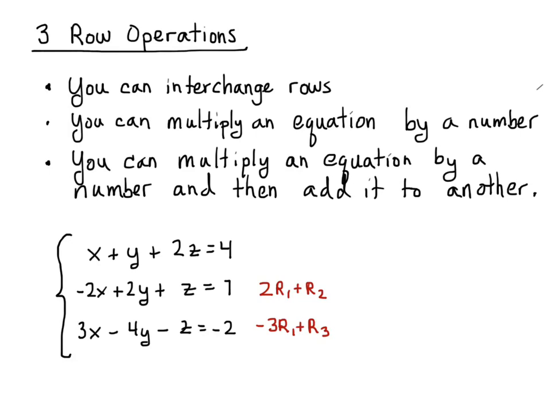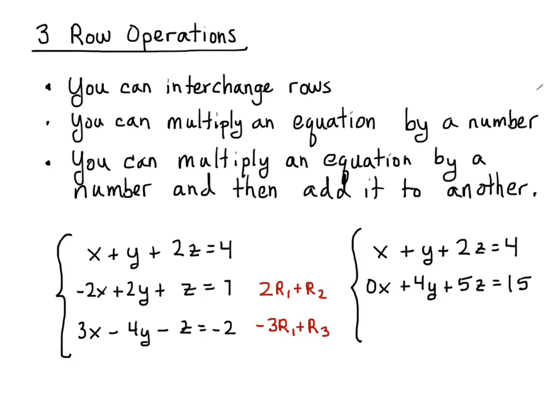And so we want to do that for every variable and the constants, just to keep the equations equivalent to each other. So the first equation is unchanged, and we'll take 2 times x and add it to negative 2x, and we get 0x.